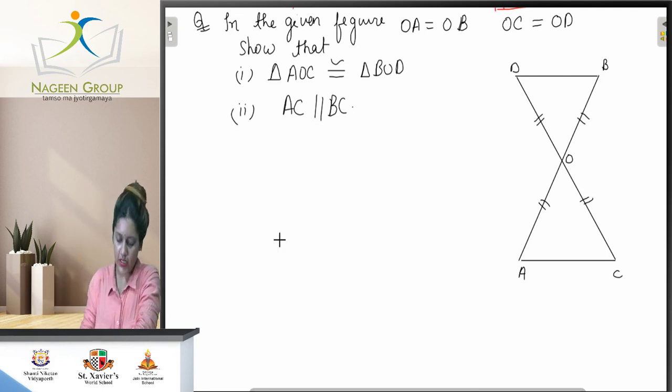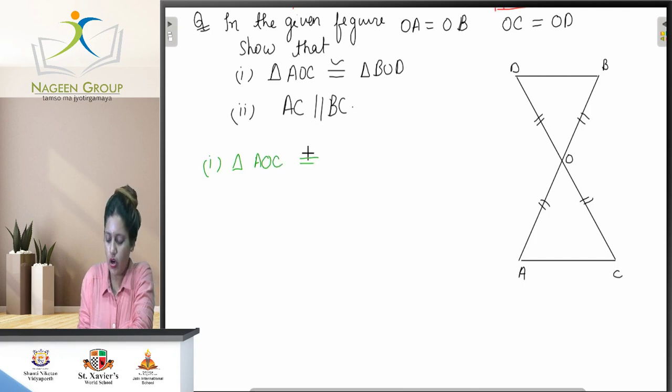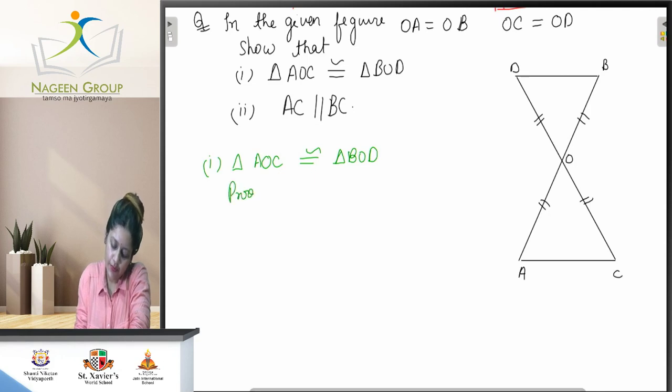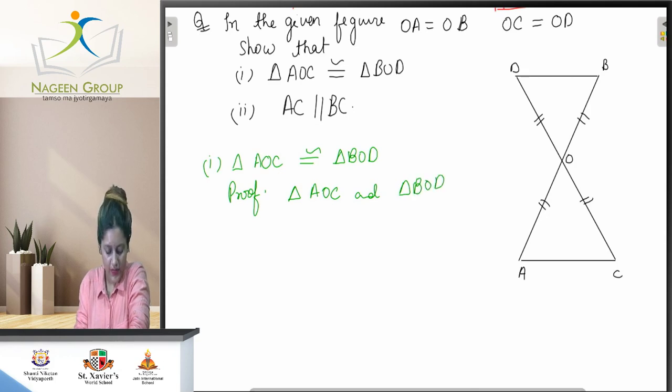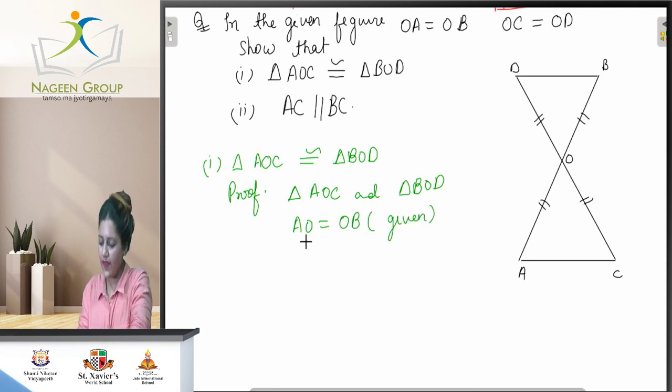Okay, now first of all we have to prove that triangle AOC is congruent to triangle BOD. First of all it is given that in triangle AOC and triangle BOD, AO is equal to OB, given in the question. In the same way, OD is equal to OC, given in the same question.